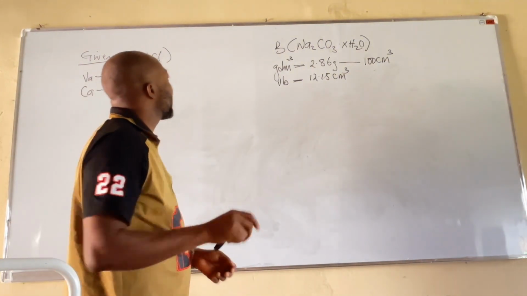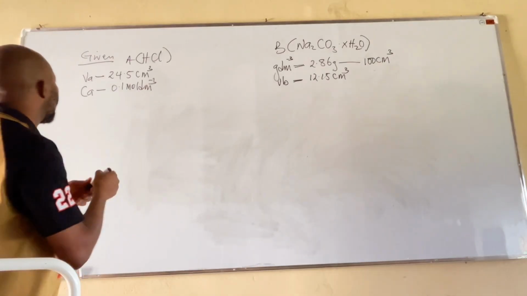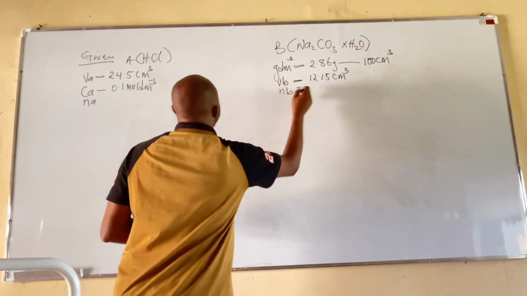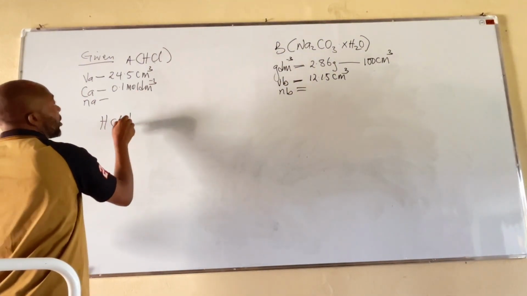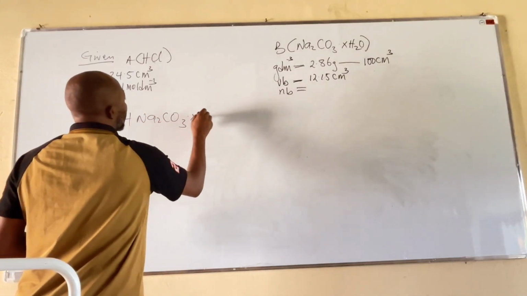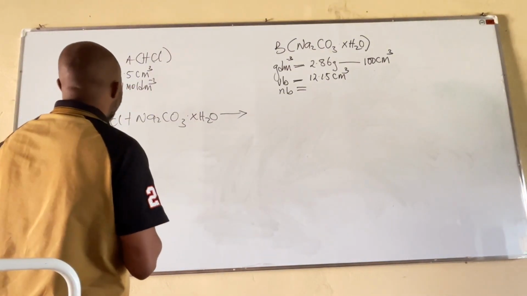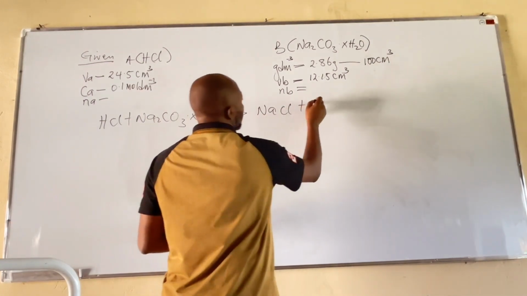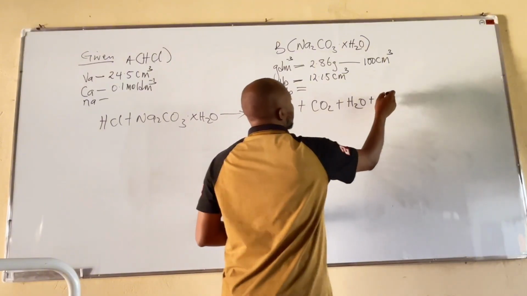So from here, we are first of all going to balance our equation, so we'll be able to get the number of moles of acid and the number of moles of the base. The acid here is HCl plus Na2CO3.XH2O. Normally, we're going to have sodium chloride plus CO2 plus water, then plus X water.